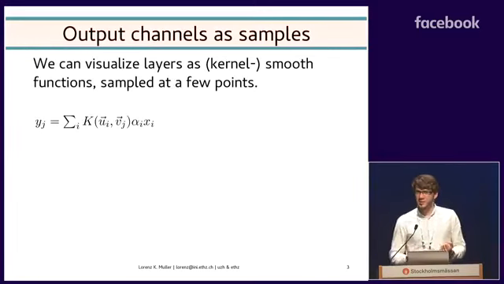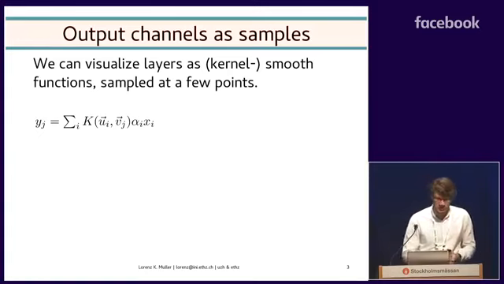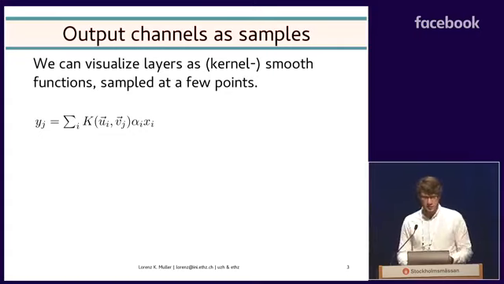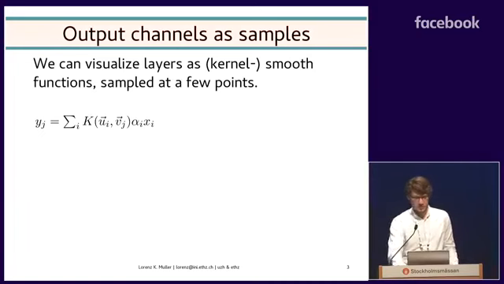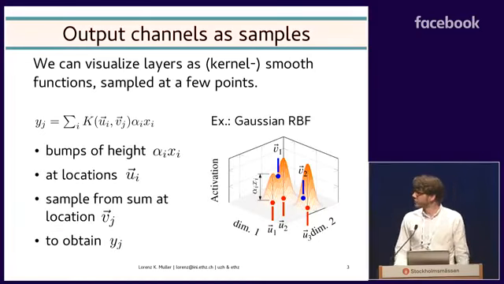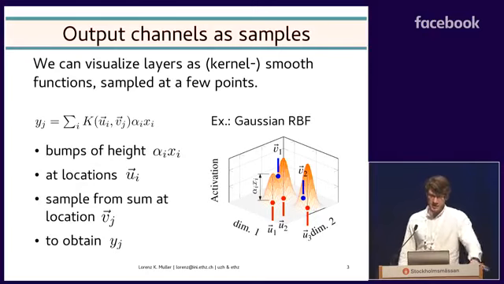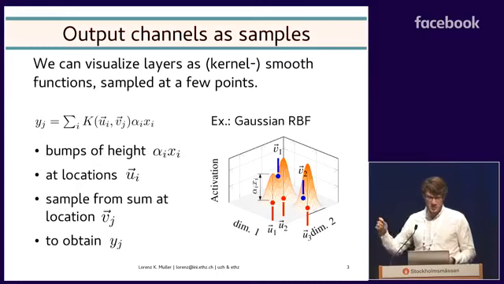We can visualize layers in this setting as kernel-smooth functions sampled at a few points. So here we have the pre-nonlinearity activation of a neuron, y_j, and then this is just a weighted sum of the inputs x_i, right? And the weights now, instead of w_ij, we have the kernel and this alpha. Now, if we choose a particular kernel and some low-dimensional space so we can plot it, let's take a Gaussian radial basis function and a two-dimensional space, then we can say what the layer does is we place bumps of height alpha_i times x_i at locations u_i.